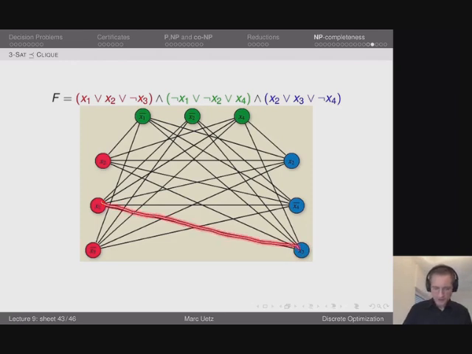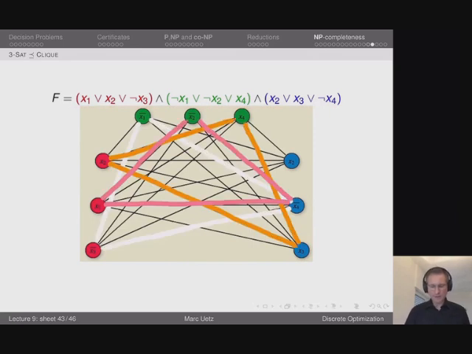Then I have found my clique, because the corresponding literals certainly do not contradict each other, right? And likewise, if I have an arbitrary clique in the graph, then I can set the corresponding literals to be true, and that will also give me a satisfying truth assignment. And as a matter of fact, there are several satisfying truth assignments for this formula. We have seen that earlier, and here are 3 examples of that.